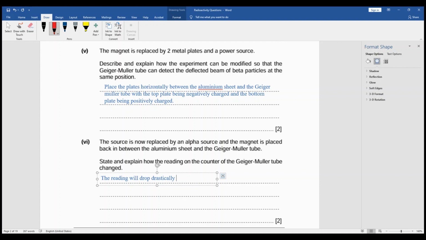It will drop drastically until the background radiation level. State and explain. Okay, I just stated, but I did not explain yet. So that's my second mark.